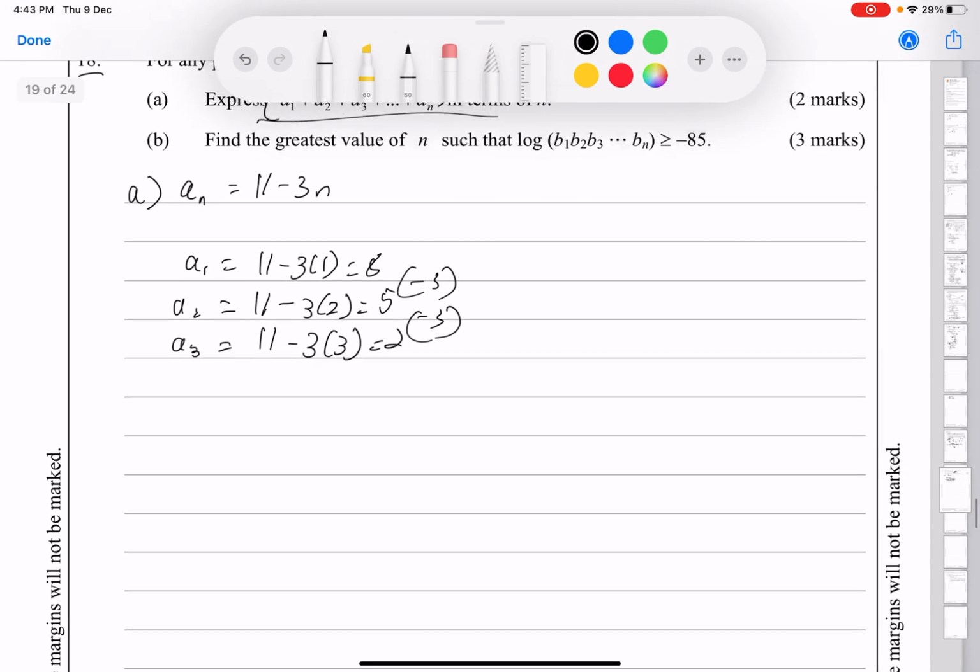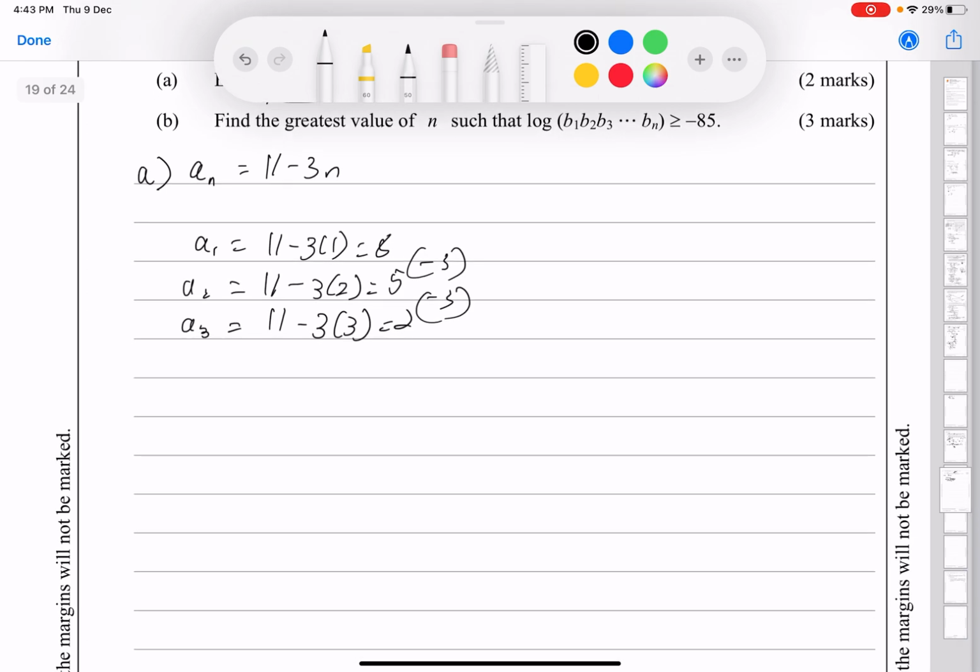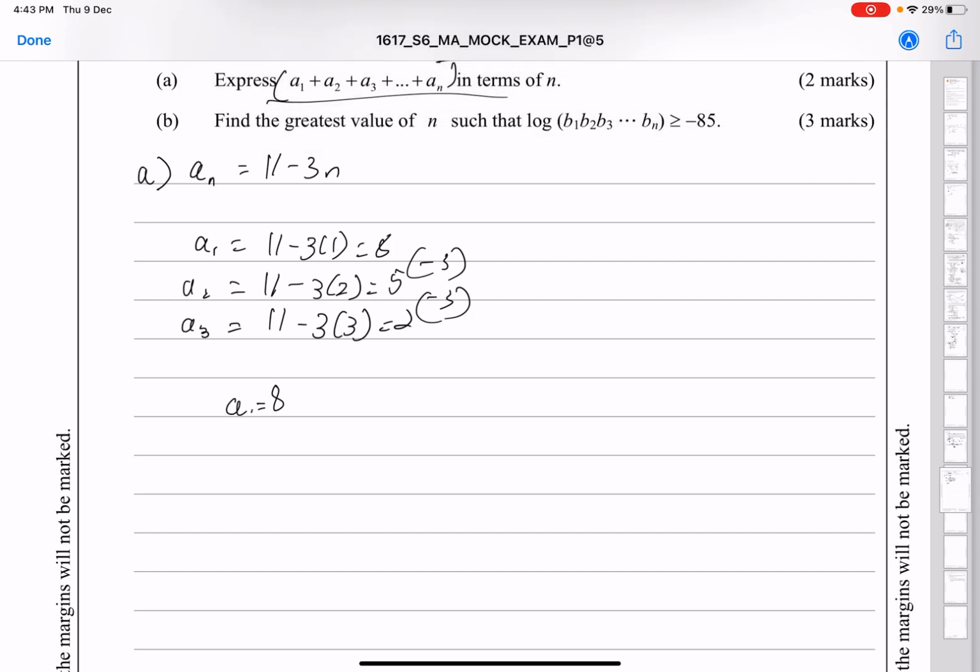So, the arithmetic sequence, the first term, which is A1, will be 8. And the last term, An, would be 11 minus 3n. How do we do this question?